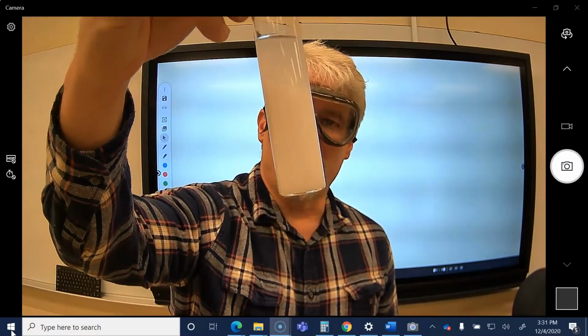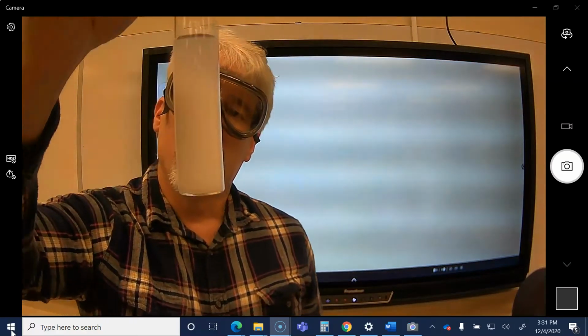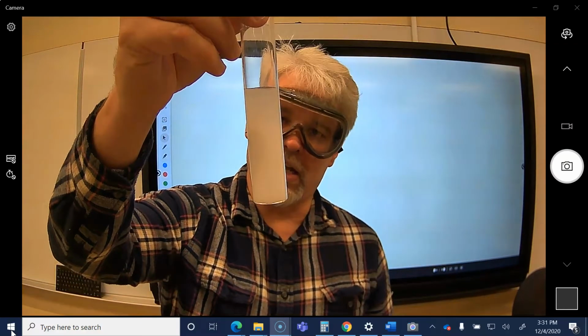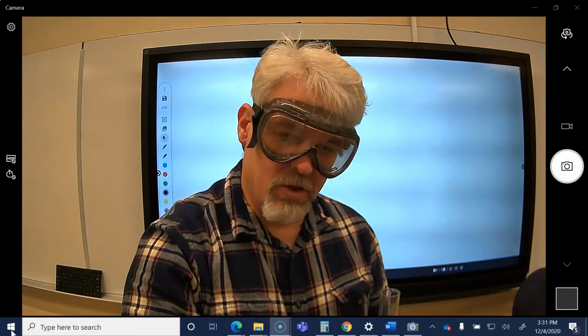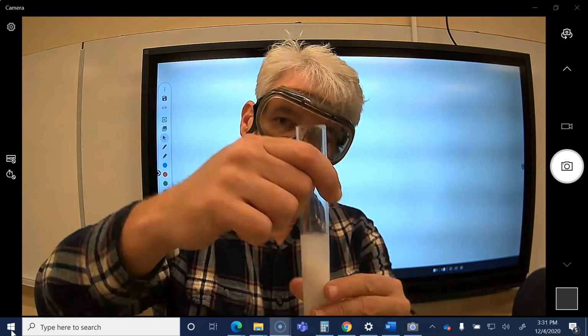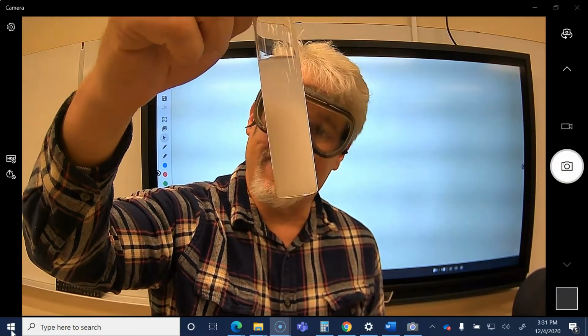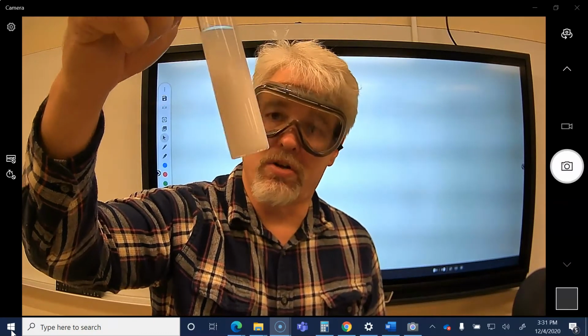Sodium carbonate is another strong electrolyte, dissolves perfectly in water. The problem is that when the calcium ions in this solution got mixed in, they encountered the carbonate ions that were dissolved in this solution, and those two together are no longer soluble.